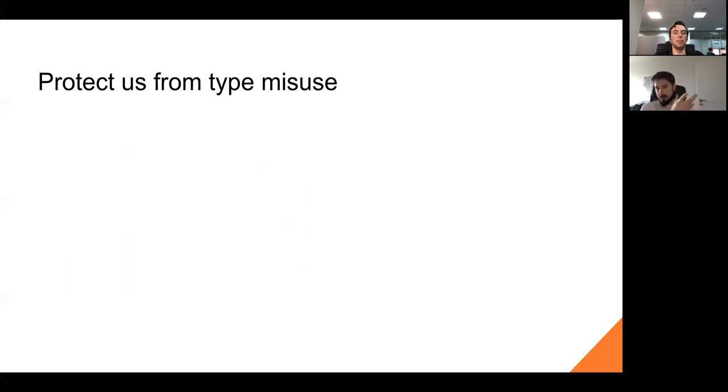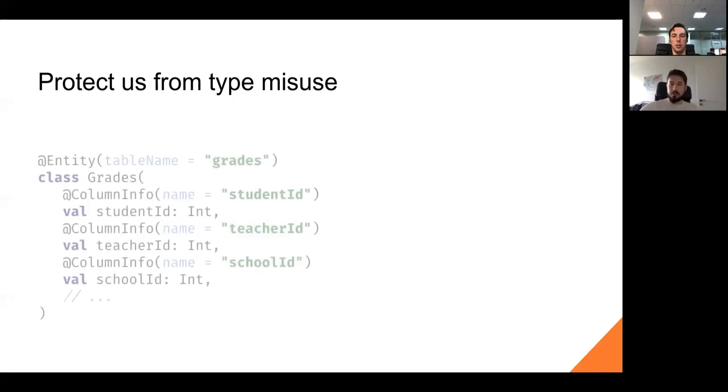On one table you might have user ID, school ID, company ID, etc. They are all of type string, but they come from a totally different domain. So it's pretty easy to accidentally use a student ID where we are looking for a company ID or something like that. So here inline classes can also help us.